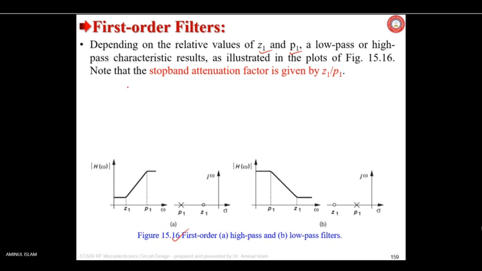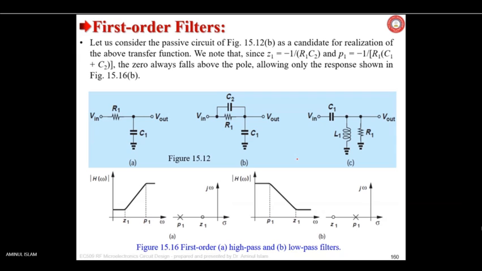Note that the stop band attenuation factor is given by Z1 over P1. What is attenuation factor? The stop band attenuation factor, and that's the definition.